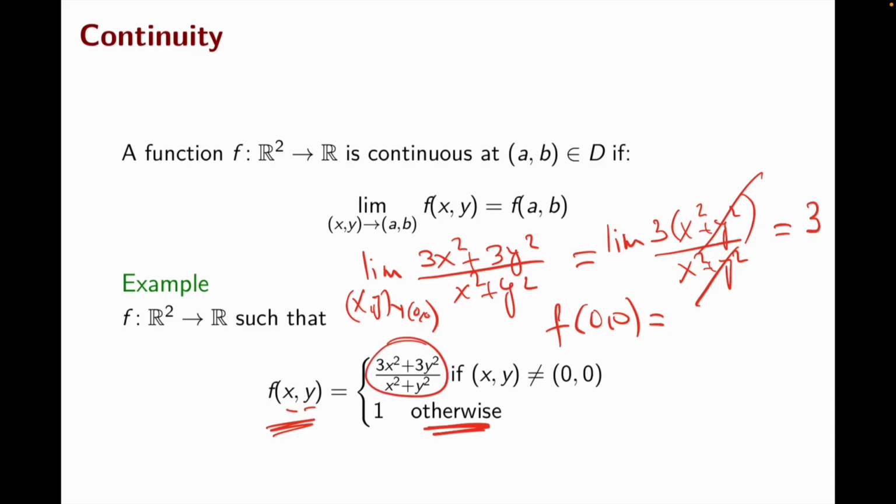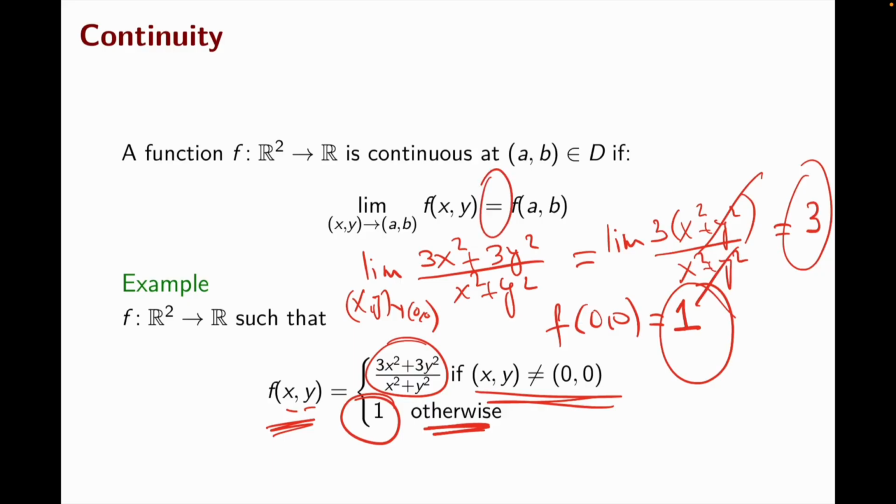Because this definition is when (x, y) is not (0, 0). So when it is (0, 0), the function is equal to 1. So we got that the limit is 3 and the value of the function is 1. These things are not equal, and so we can deduce that this function is not continuous at (0, 0).